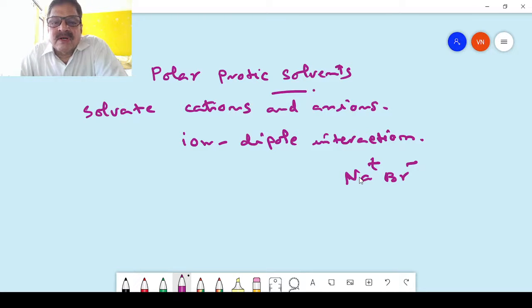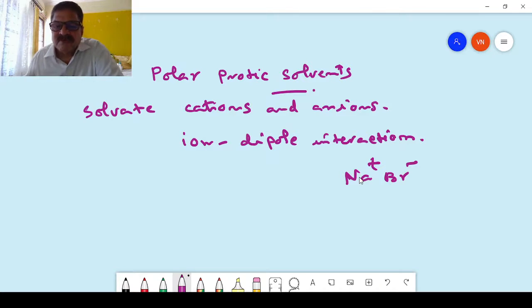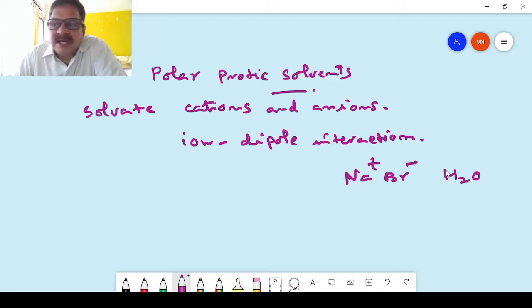In a polar protic solvent, both these ions get solvated. Water, H2O, is used as the solvent here. The Na+ cations are solvated by ion dipole interactions with the water molecules.